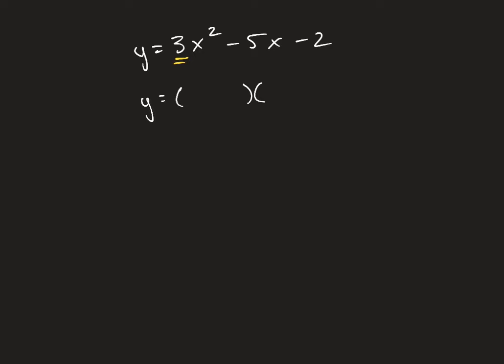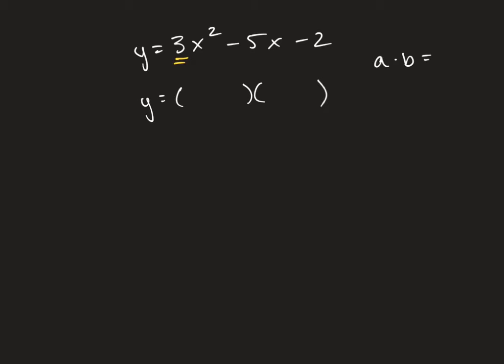Again, though, we're looking for two linear factors that are going to multiply together to come back to this original quadratic. And same thing, we want our two parts of our factor to be a times b. We're going to do what's called factoring by grouping because of this 3 in front.